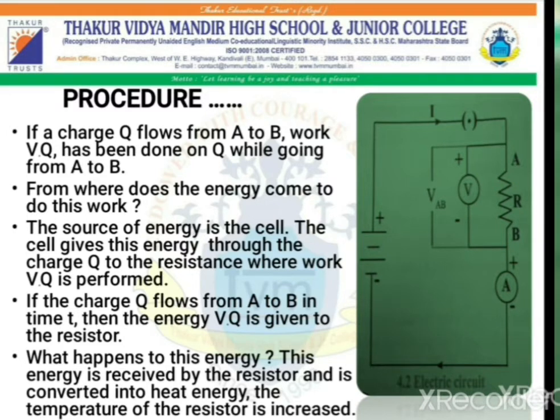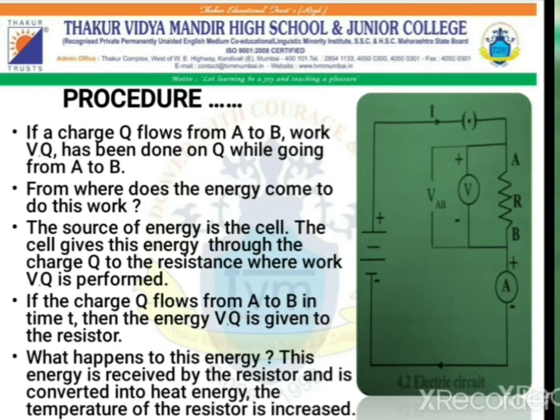Here, if the charge Q flows from A to B in a time t, then the energy VQ is given to the resistor. So AB is the resistor, the energy is VQ. Now this energy is received by the resistor, and since the resistor gets the energy, it is converted into heat energy.